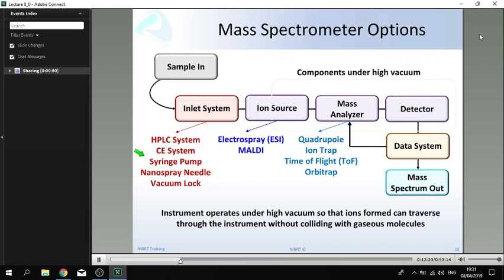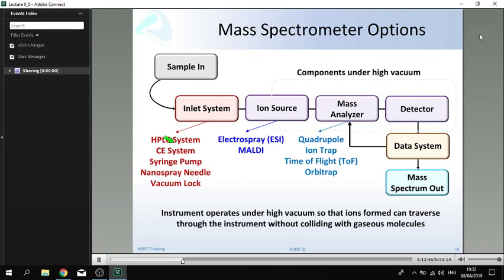So for the different parts, we can have many different ways of, for example, ionization, many different ways of how we're going to insert the sample into the system, or how we're going to analyze the system. So the inlet system is usually an HPLC system.